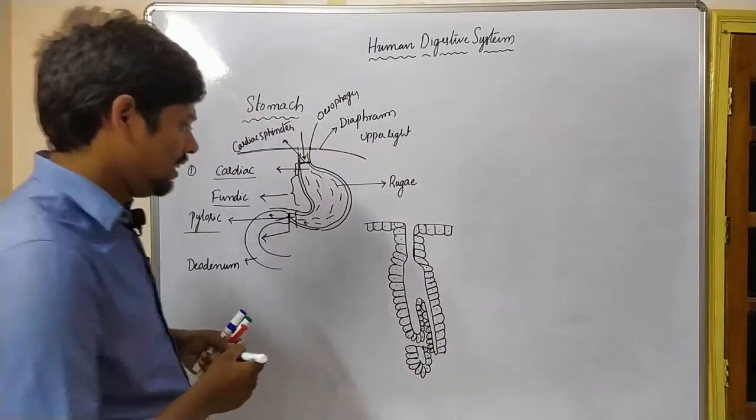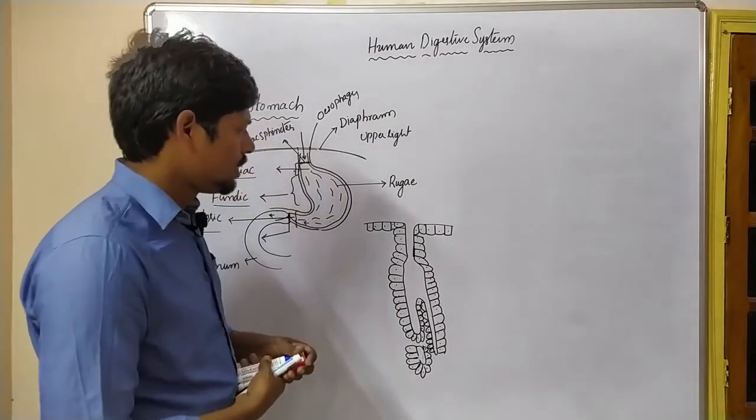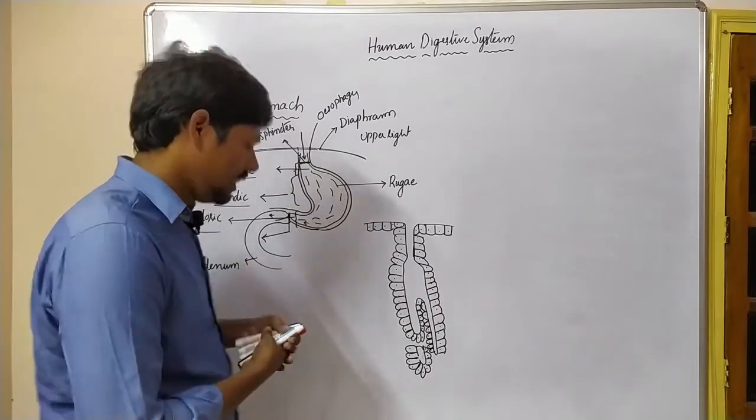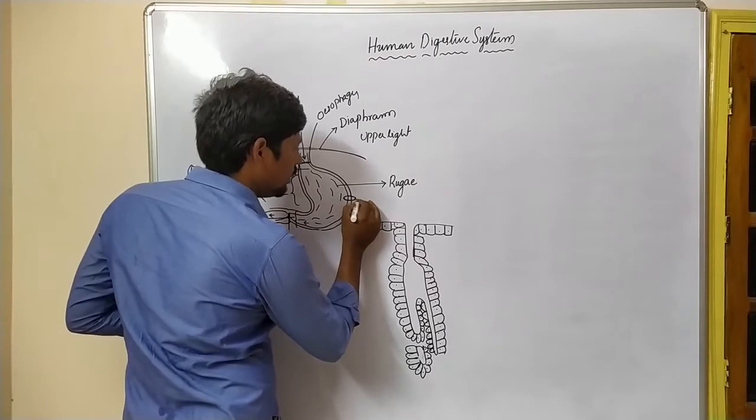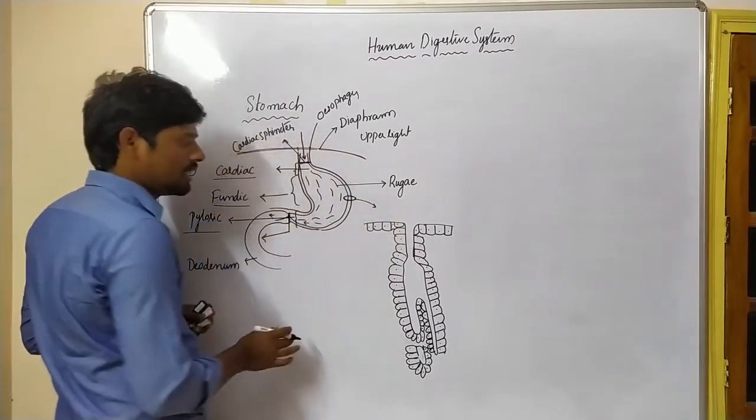Let us see. These are the different types of cells which are present in this part. If you see a section of this part, it looks like this one.